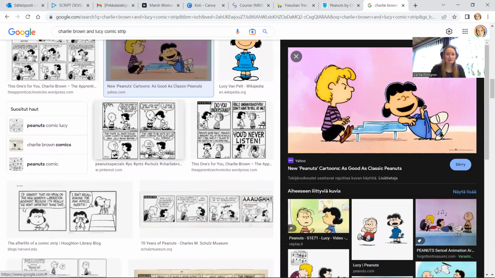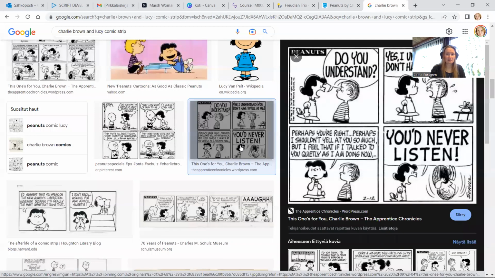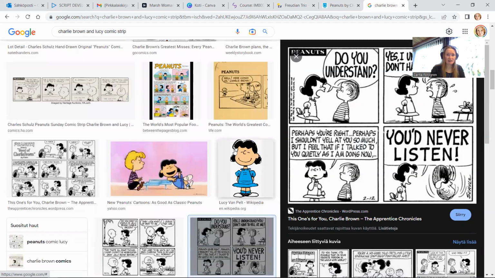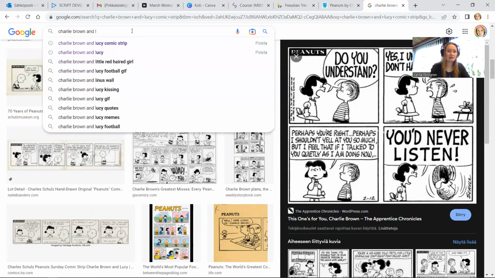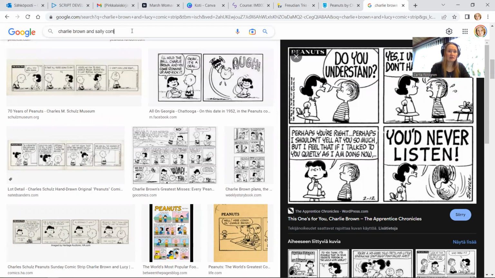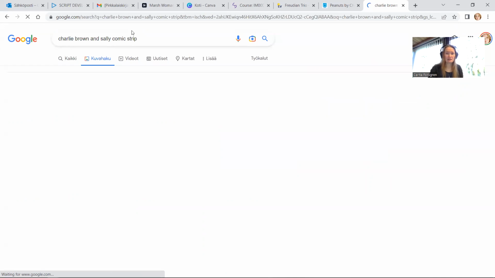Oh, and by the way, we have two sets of siblings here. We have Lucy and Linus, where Lucy is the dominant one, you can see. Then we have the sibling relationship between Charlie Brown and Sally, where Charlie Brown tries to be dominant, but never really manages.